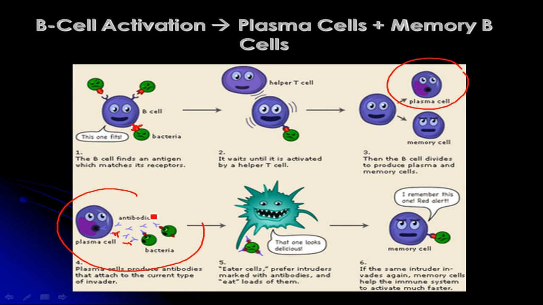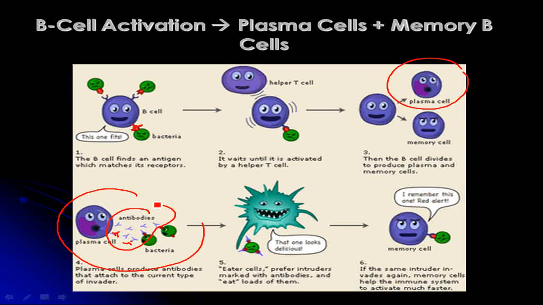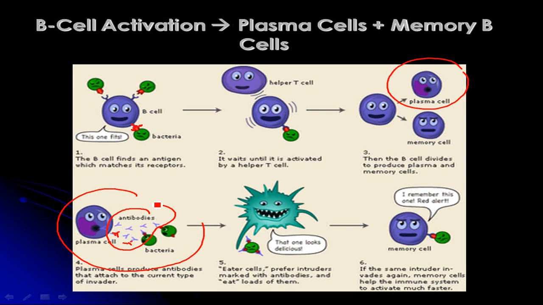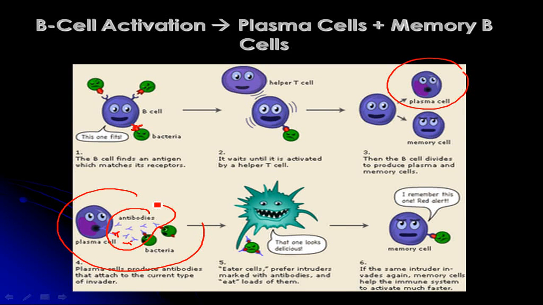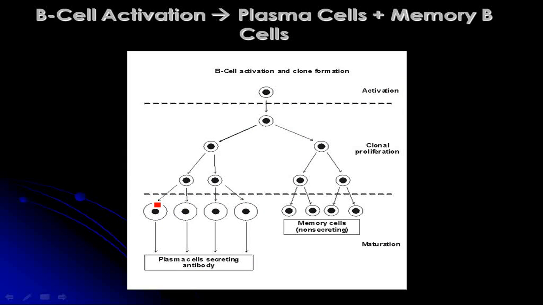So that means these antibodies that are secreted or released are going to bind to the very same epitope on the microbe that has been detected. Okay, so that means an activated B cell is not going to start making antibodies that bind to other types of epitopes.